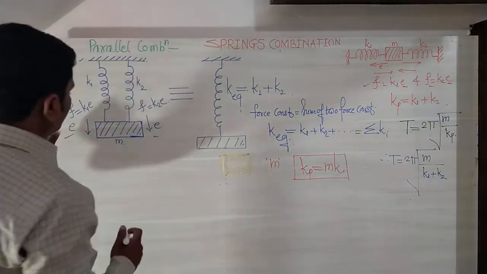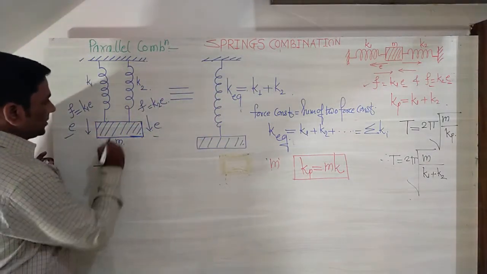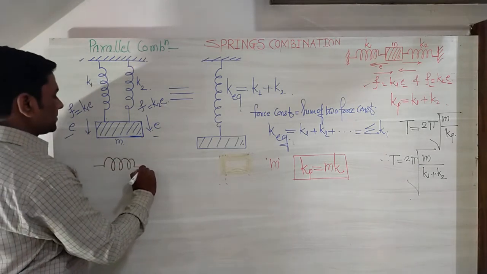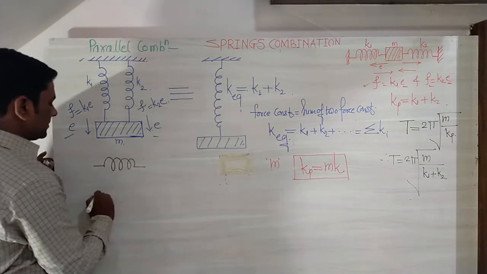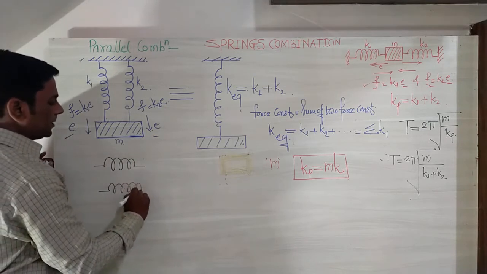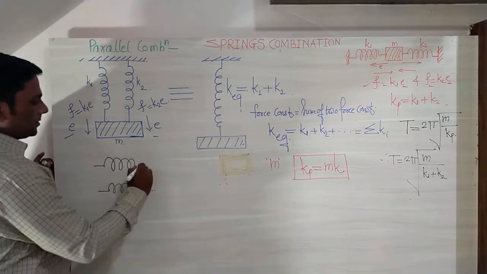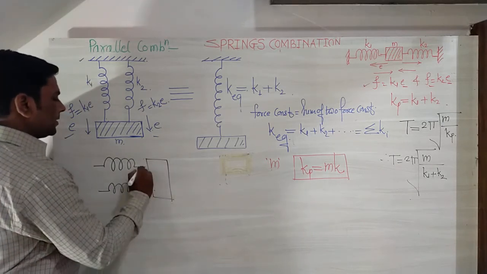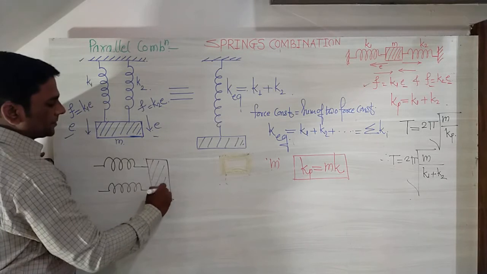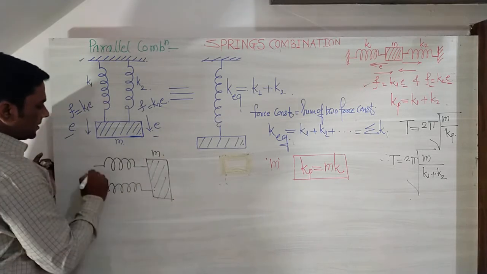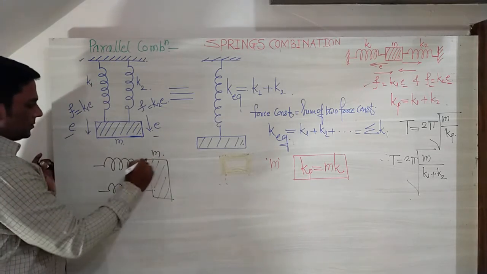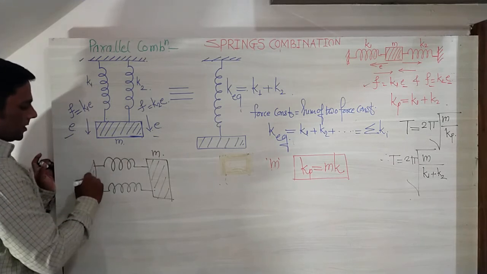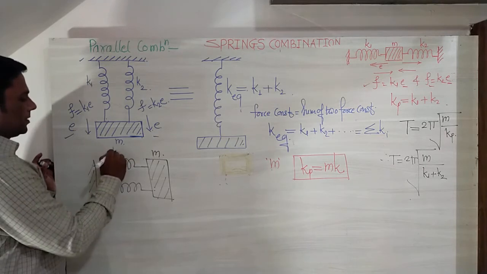Suppose instead of this we take a horizontal situation of that combination like this. Suppose we take two springs in parallel, and both springs attach to a common point, at one end attach a mass, and at the other end attach a rigid support.